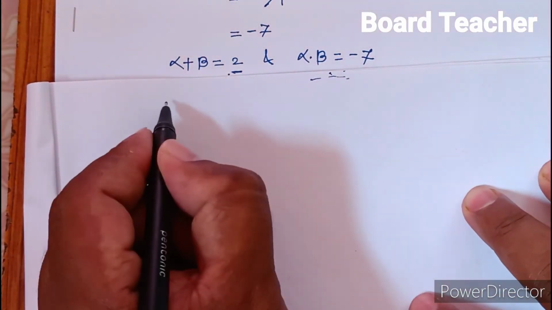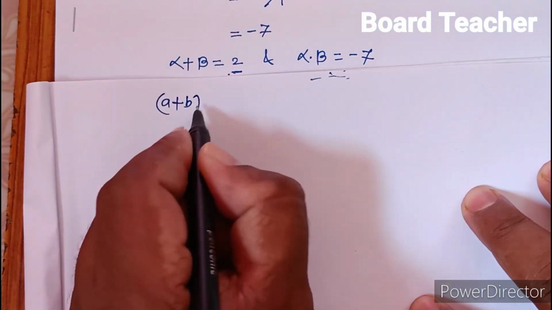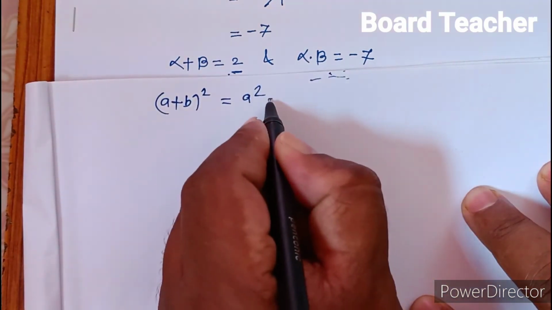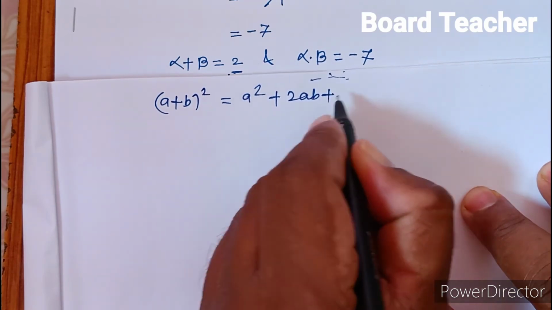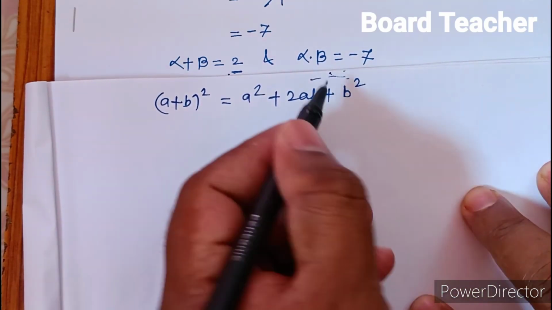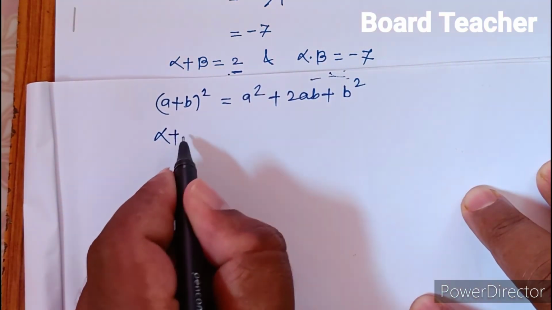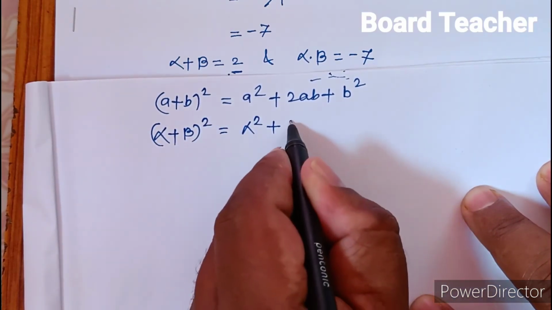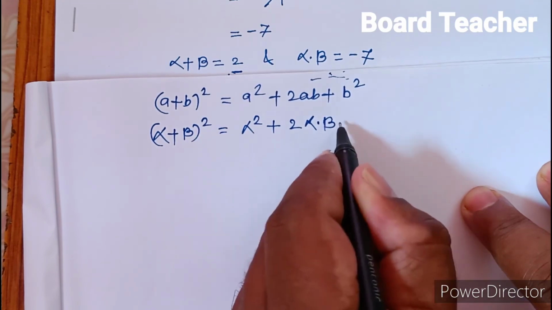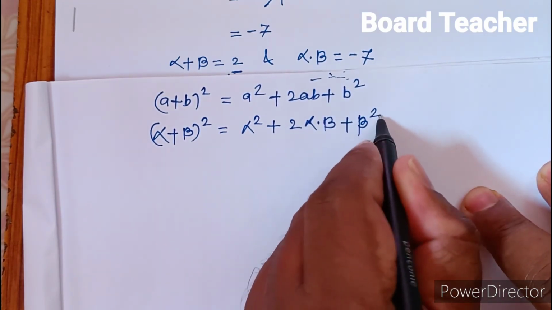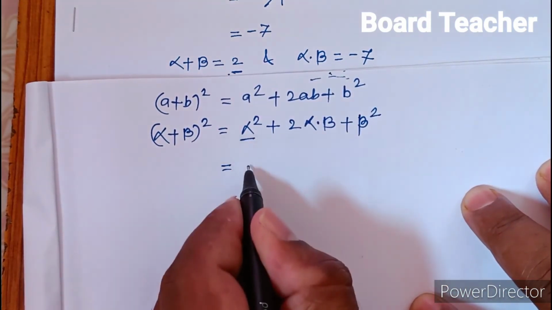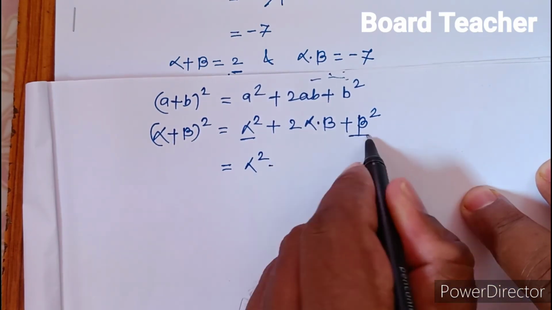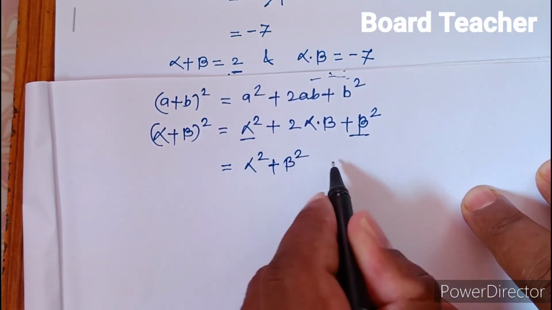We know the formula of a plus b whole square, that is a square plus 2ab plus b square. Similarly, we put the values of alpha plus beta whole square, we get alpha square plus 2 alpha dot beta plus beta square. Now we have to find the values of this alpha square plus beta square.